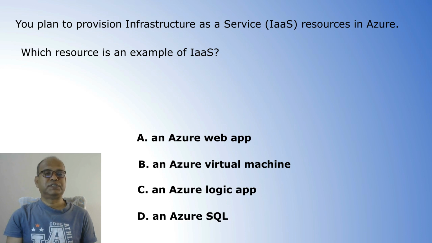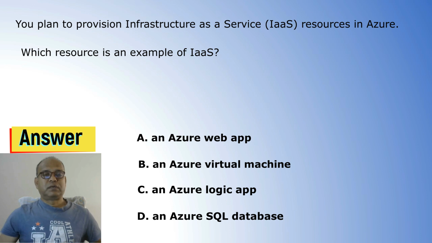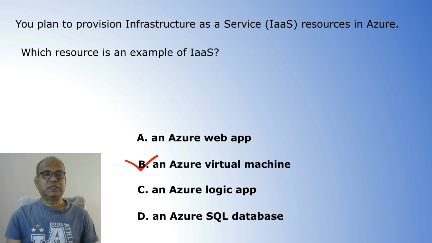D, an Azure SQL Database. Answer. We previously know that the Azure Virtual Machine is an example of infrastructure as a service IaaS. Azure Web App, Azure Logic App and Azure SQL Database are all examples of platform as a service PaaS. Therefore, option B is the correct answer.